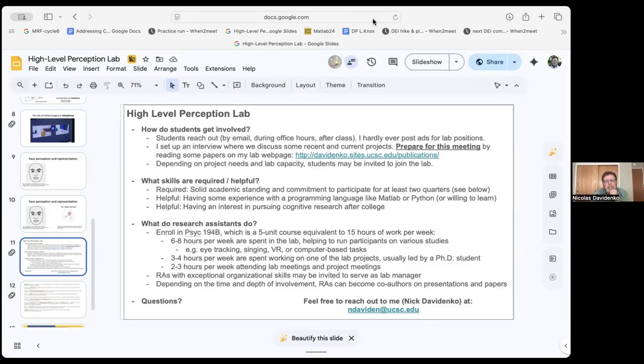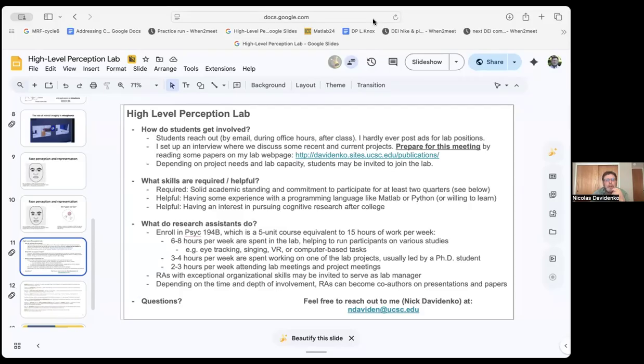I take seniors, but I do usually require a two quarter commitment. So by spring of your senior year is probably too late. Although there have been exceptions where I've had somebody in the lab for a quarter or maybe stay over the summer, if the interest and the match is really, really strong, then it can happen from time to time.